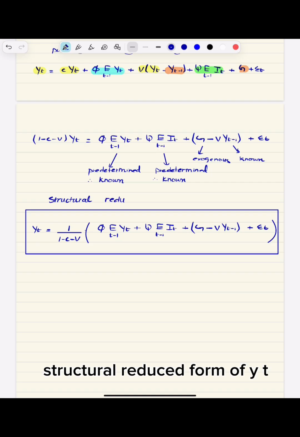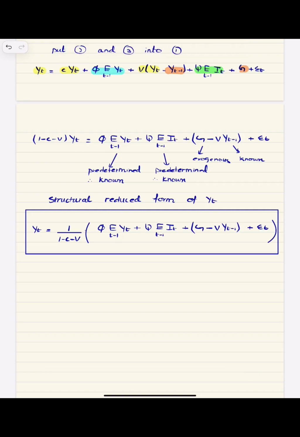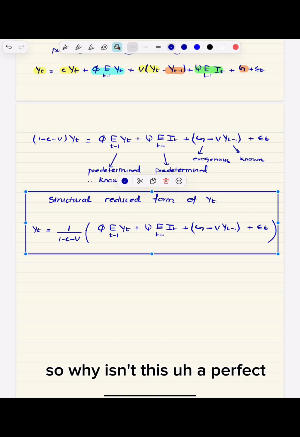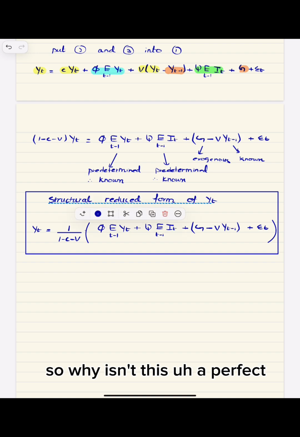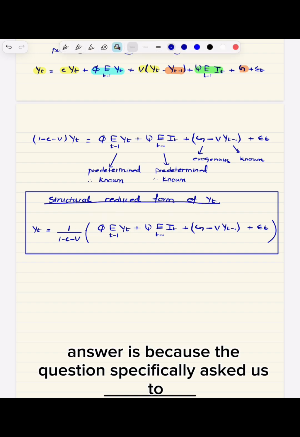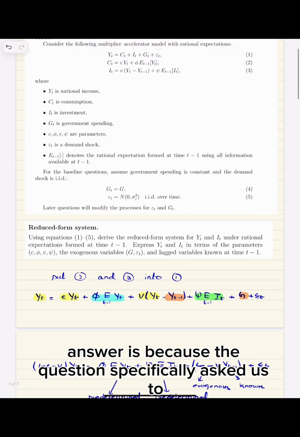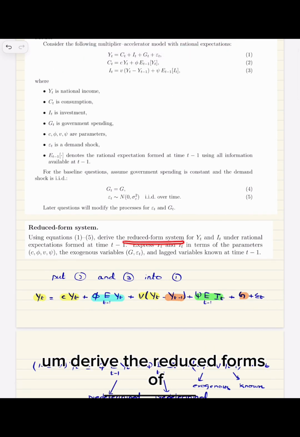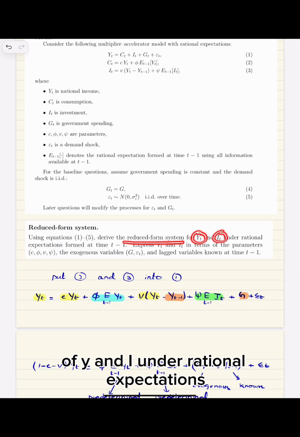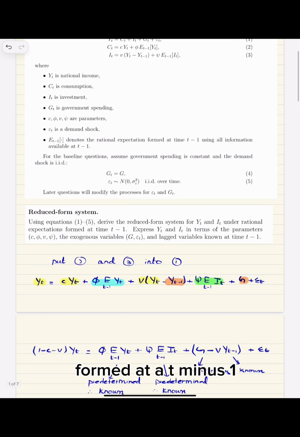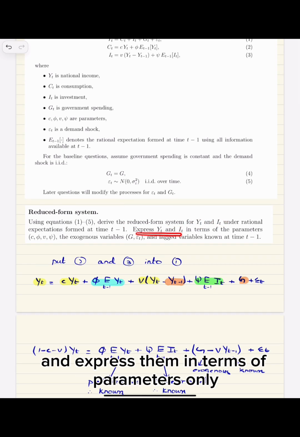Structural reduced form of Yt. So why isn't this a perfect answer? Because the question specifically asked us to derive the reduced forms of Y and I under rational expectations formed at t minus 1 and express them in terms of parameters only.